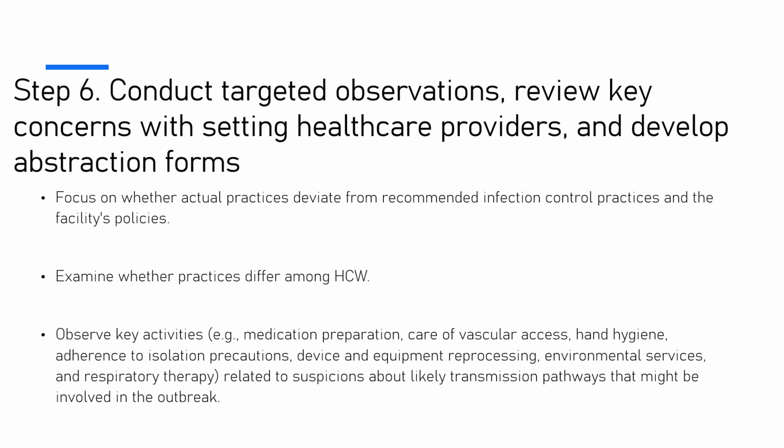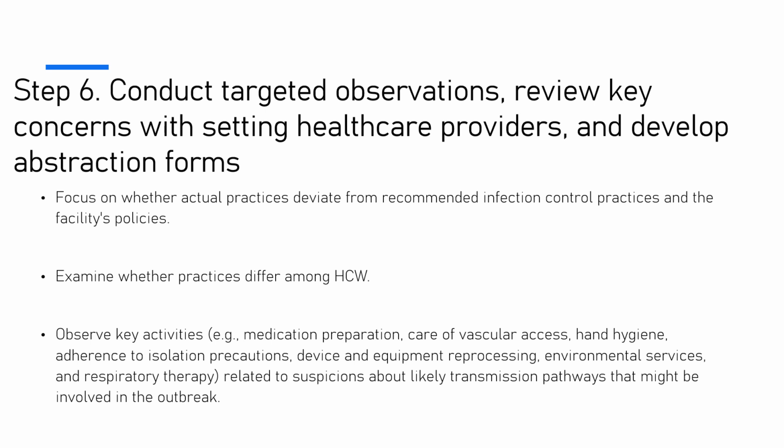So step number 6, which is conduct targeted observations, review key concerns with healthcare providers, and develop abstraction forms. In this step, you need to focus on the staff and how they are doing the infection control practices.